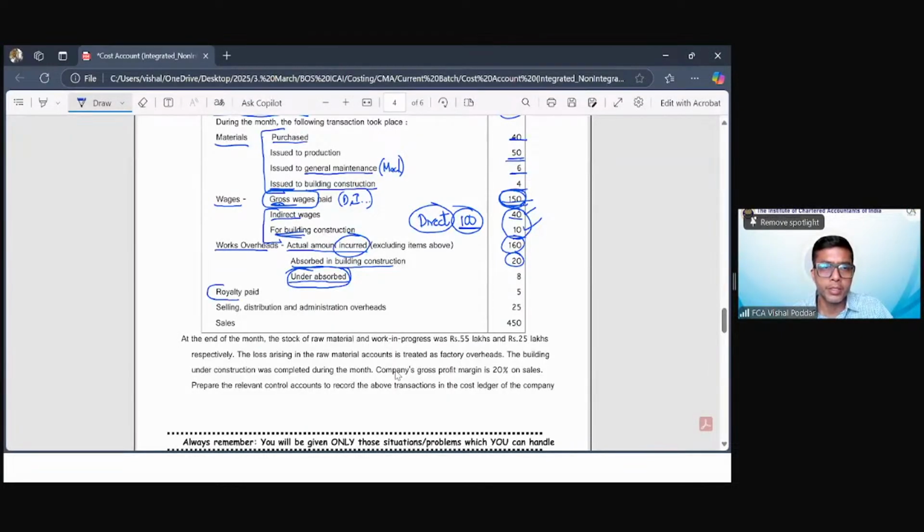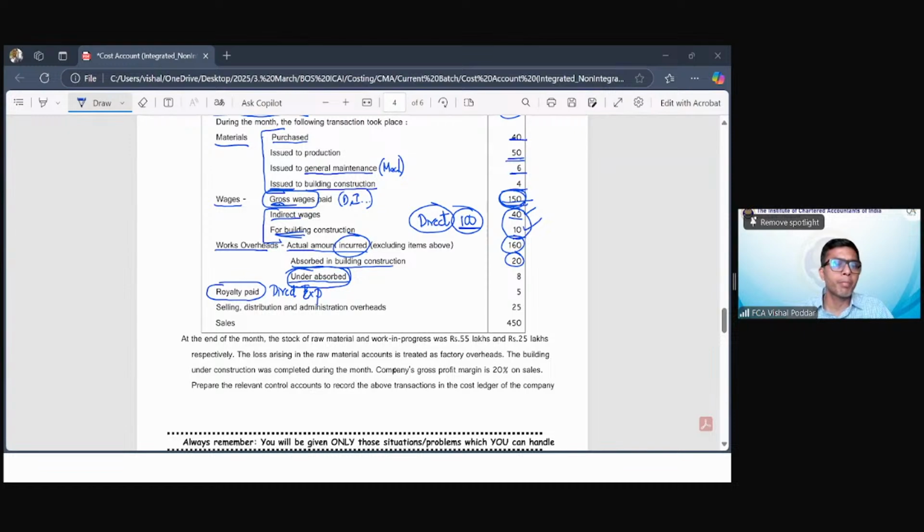Now again, this sum has something new. Please understand, students, royalty paid again is a direct expense. If you remember your initial questions or even your cost sheet sums, this represents your direct expense. Interestingly, we do not have any separate account for direct expense.